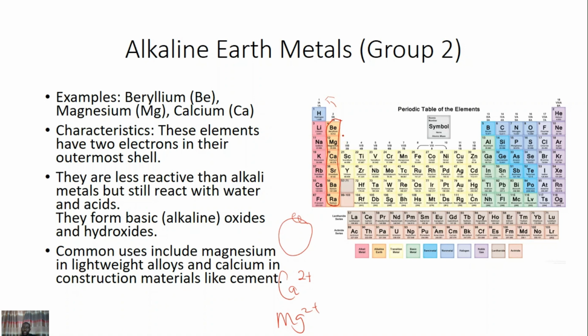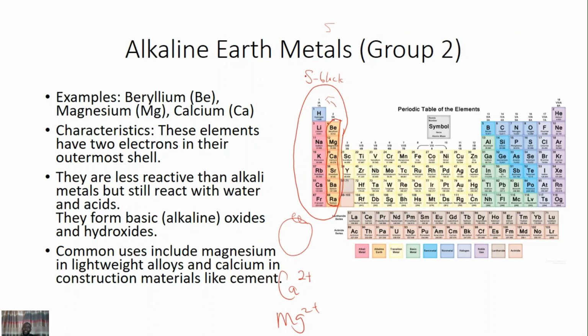So these two groups are otherwise known as the S block elements. That is due to the fact that their electron configuration, you can watch my video on quantum numbers and electron configuration, usually ends in s orbitals.